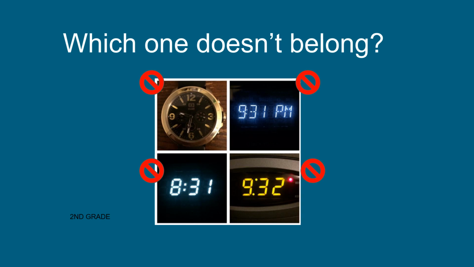The fourth picture doesn't belong because the time shown is 9:32, and all of the other clocks show 31 minutes. This one shows 32 minutes. Did you think of any different ideas about why one doesn't belong?